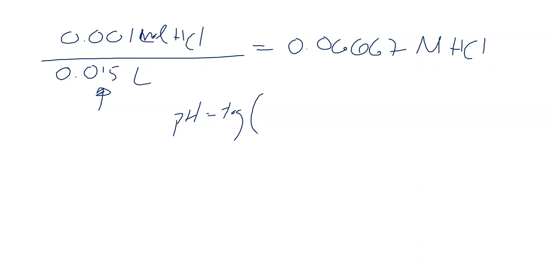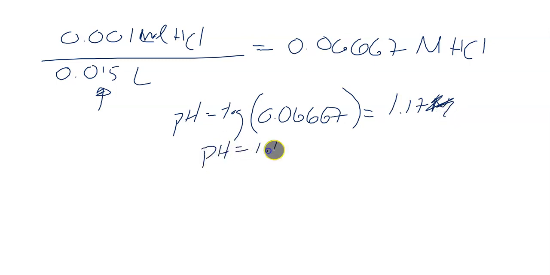So just keep track of what's going on. 0.0667, it's a bunch of sixes repeating, so just keep track of that. And you get 1.17 pH. No units on the pH. pH equals 1.17. I'm used to writing molar after everything.